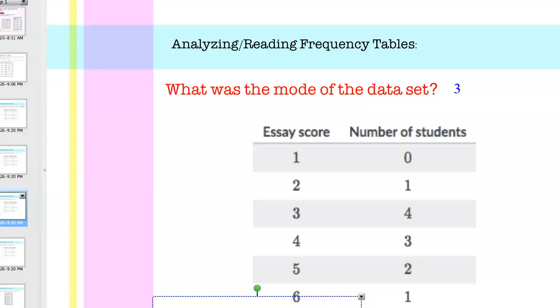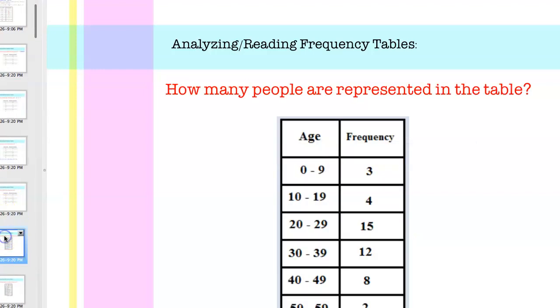And then there's 1 6. Okay, so again, this is just saying how many of these numbers there are, how often that occurs. So the mode here, the number that occurs the most, is 3. So it occurs 4 times. Okay, so if you're not sure, you can always list the numbers out. All right, so that is the mode of the data set.